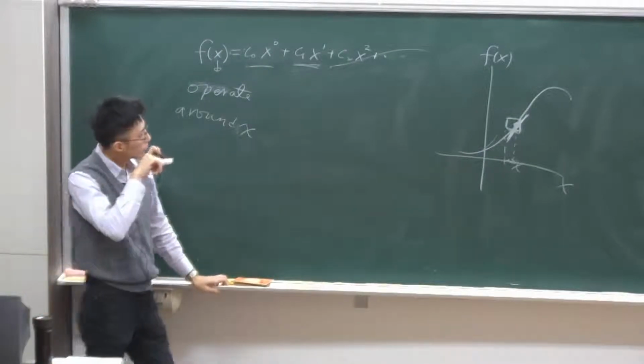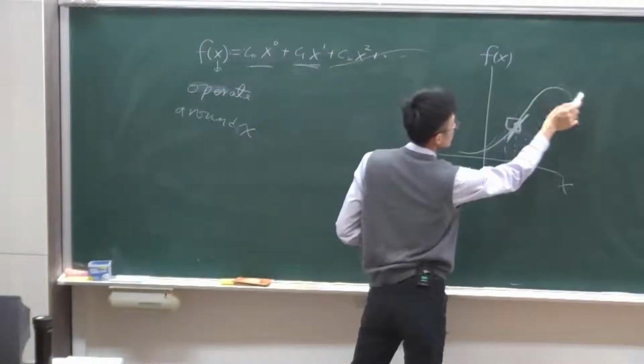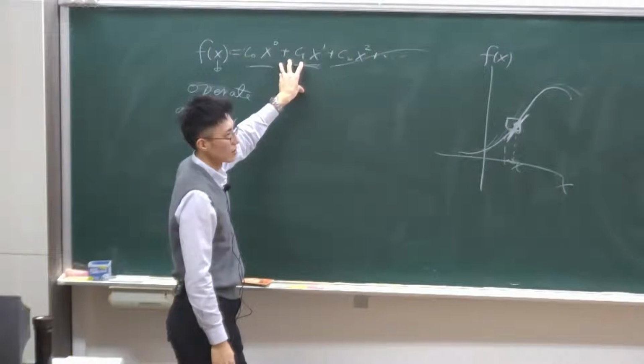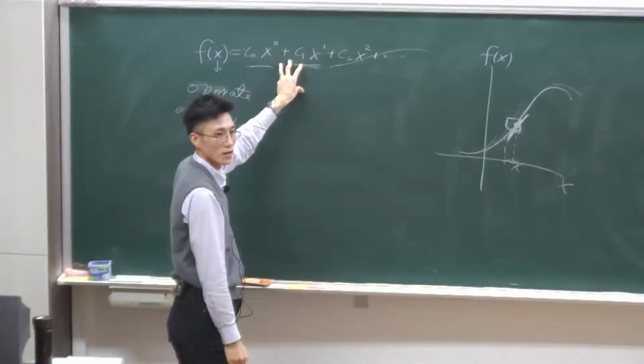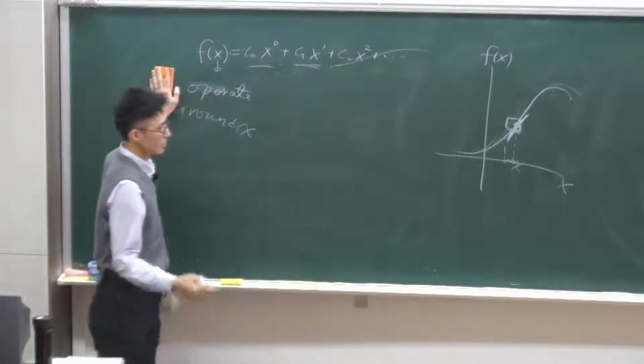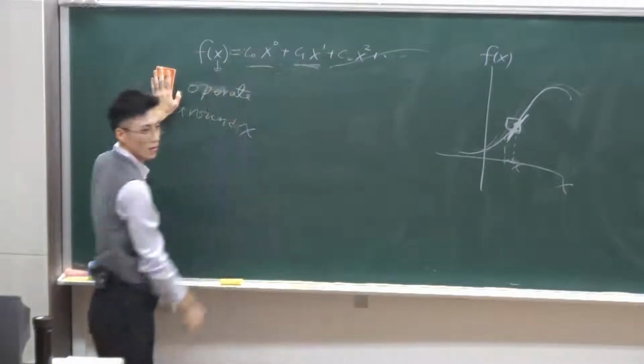But if you want to approximate the nonlinear functions, the whole nonlinear function, you can use either series or you can use neural network. Okay. But remember, the takeaway is you cannot use a linear function to approximate a nonlinear function.